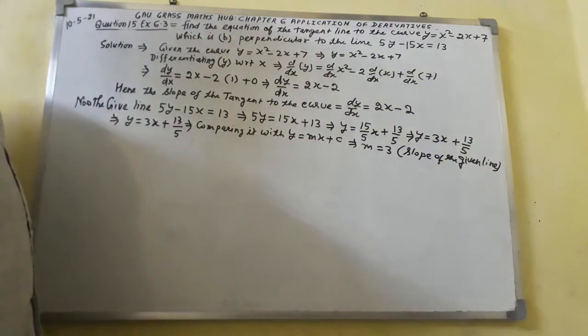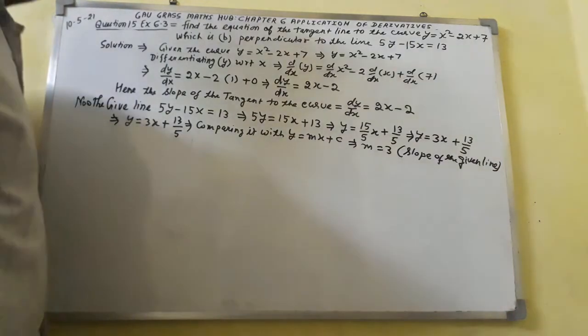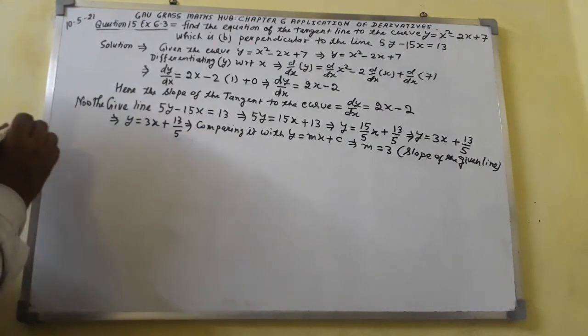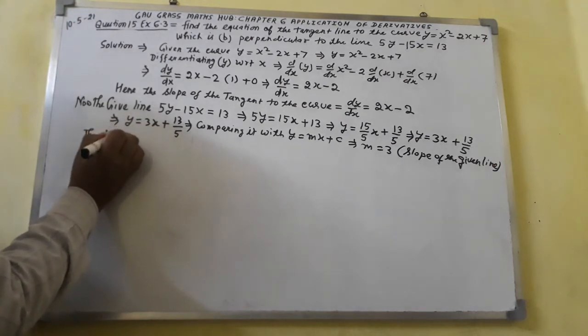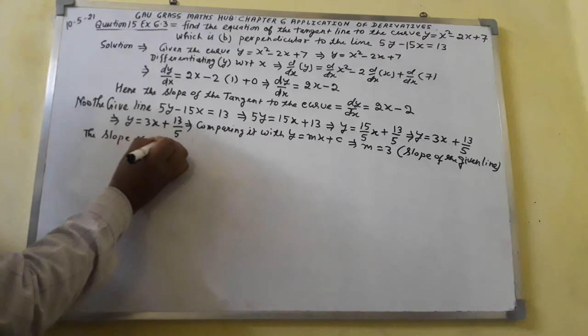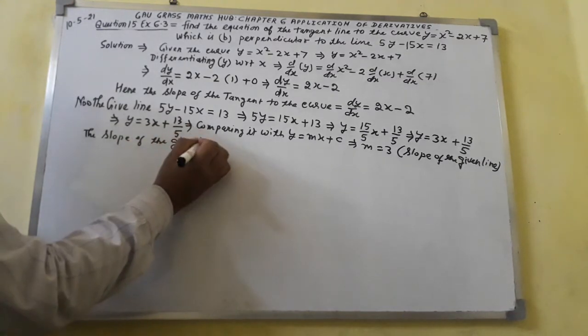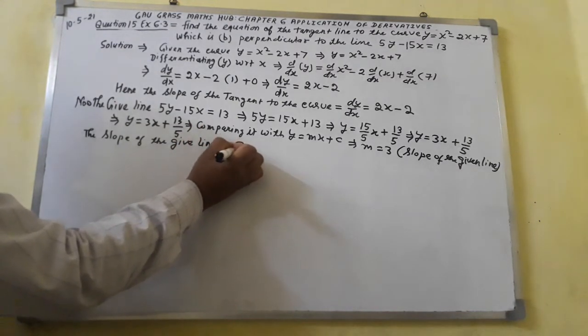Slope of the given line we have got m equal to 3. Again I shall write, the slope of the given line equal to 3.